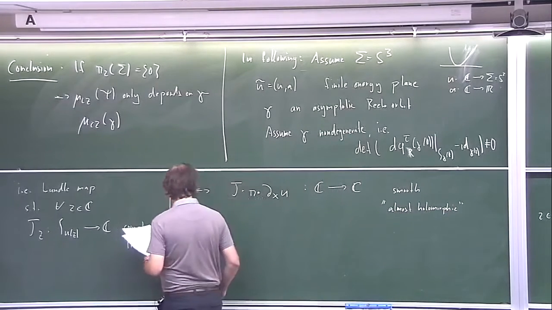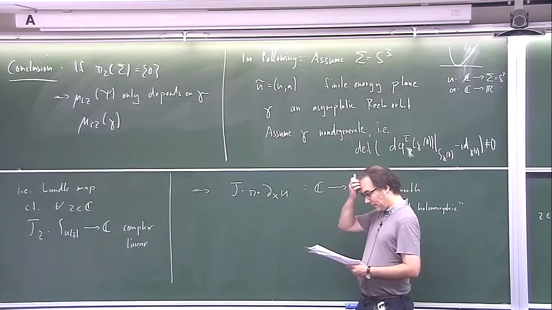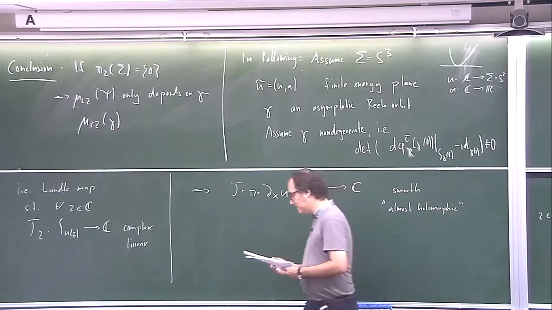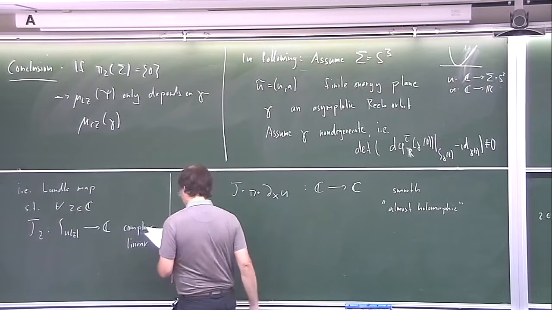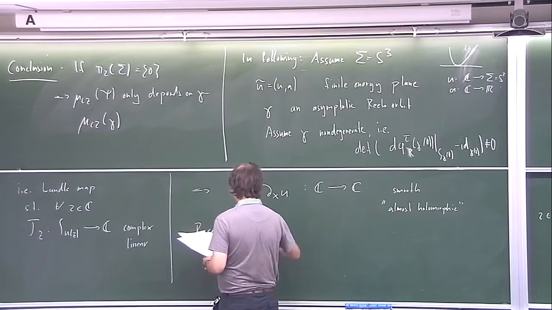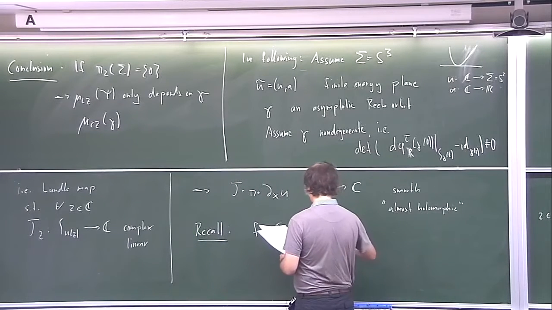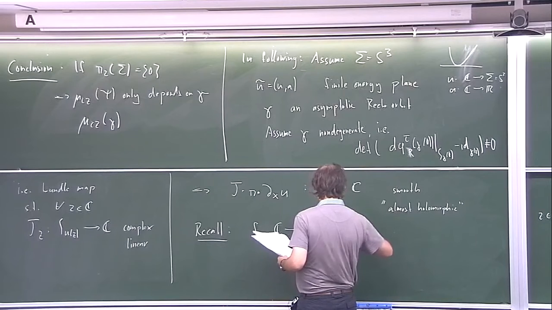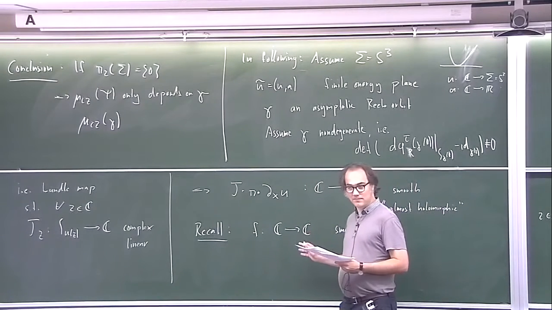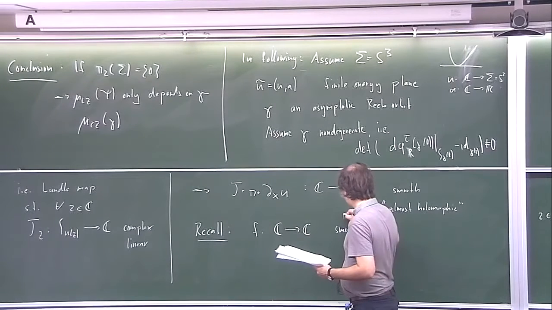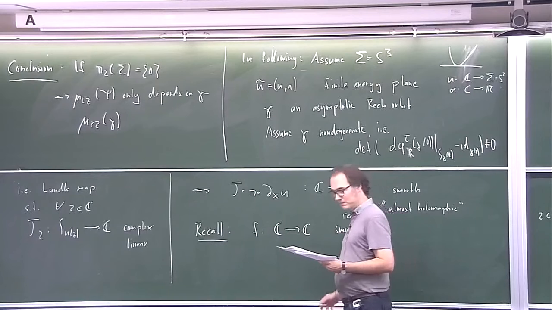So let me recall some facts about winding numbers. So suppose first we have just a smooth map from C to C, smooth as a real map, so we think of R2 to R2.